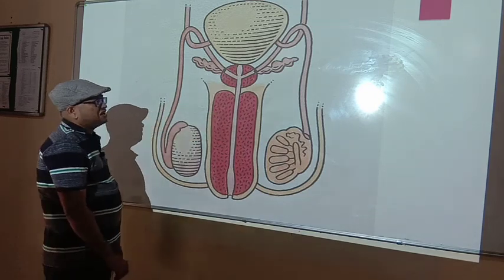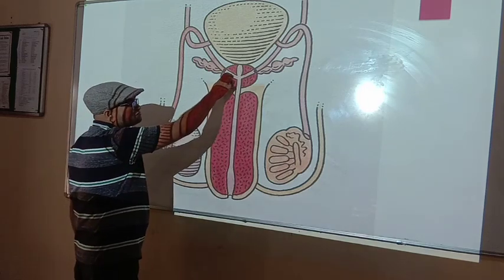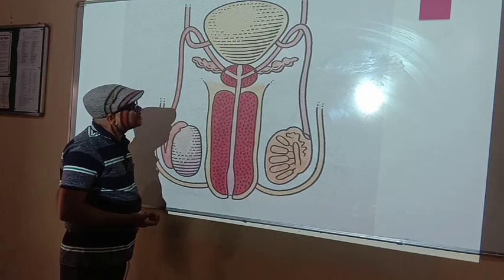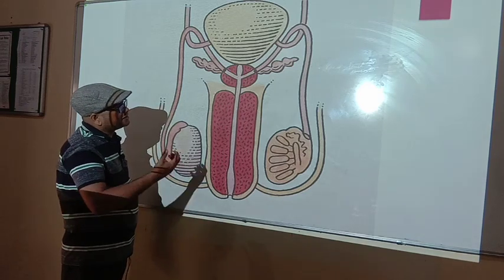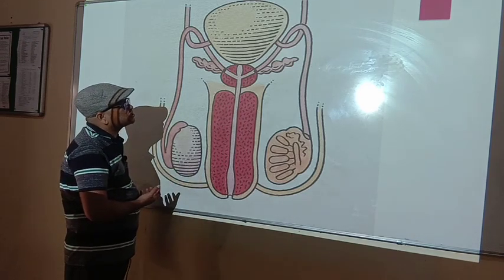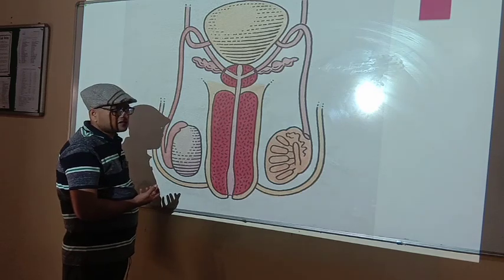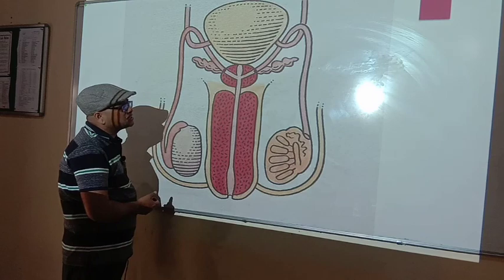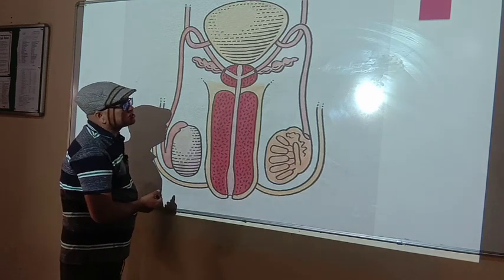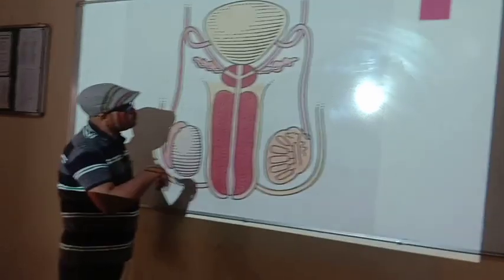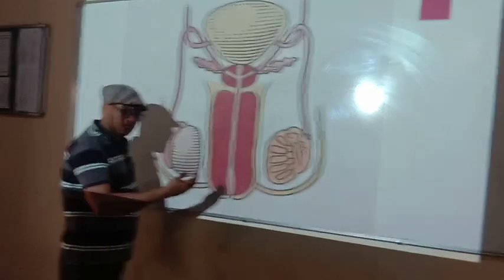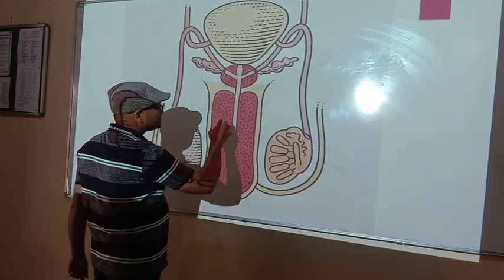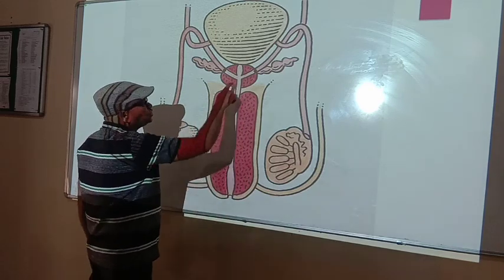Now, the ejaculatory duct is a contractile structure, and at the time of sexual intercourse, the ejaculatory duct undergoes contraction to release the male gametes, along with certain other liquids we will study further, in the form of semen to the urethra.